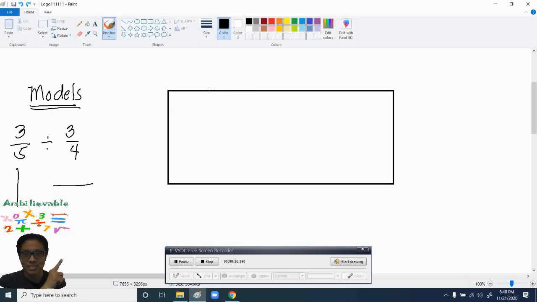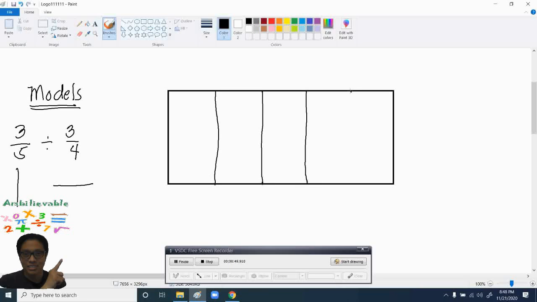Now, the parts that will be cut in your shape will depend on the given denominator. Since the denominator in our dividend is 5, let us draw vertical lines to show how many parts in our dividend.